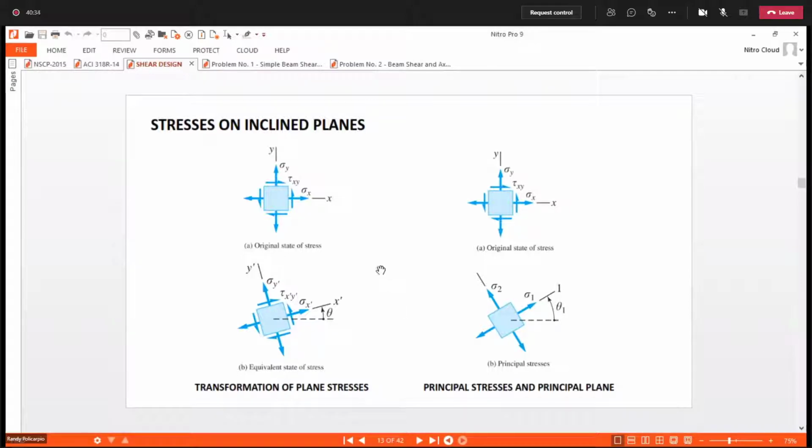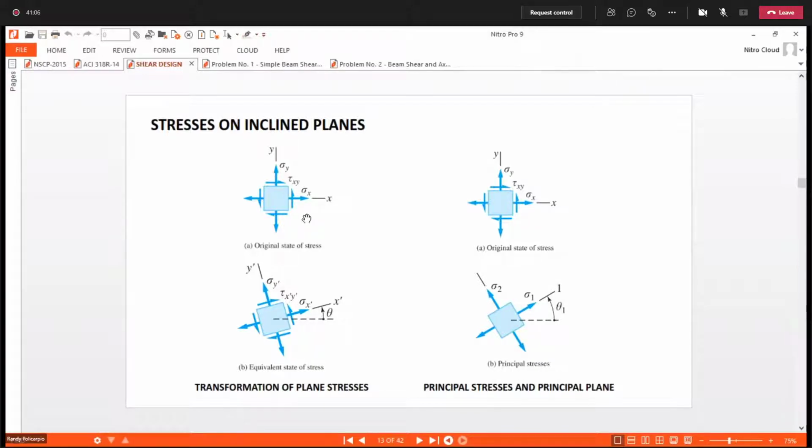Okay, so if we consider now the original state of stress, we have this one. The normal stress acting on the x-axis is designated as sigma x. On the y-axis, we have sigma y. And then we have our shear stress acting parallel to the element surface.